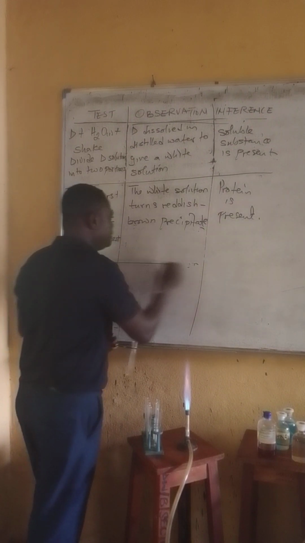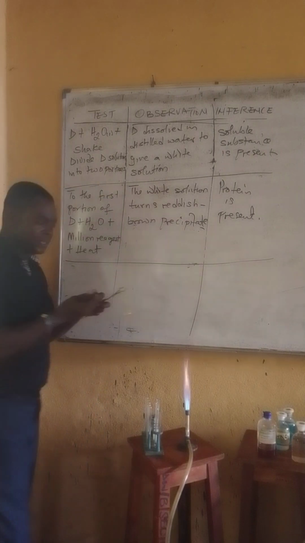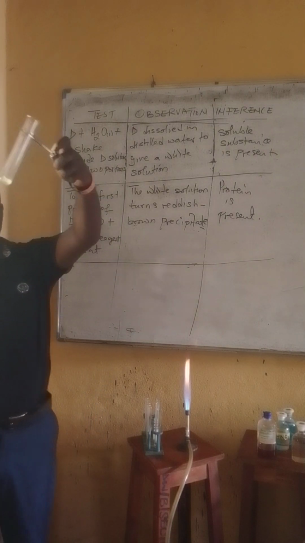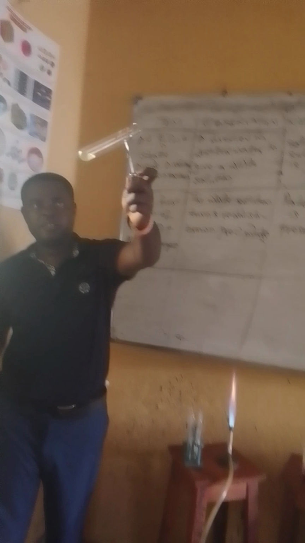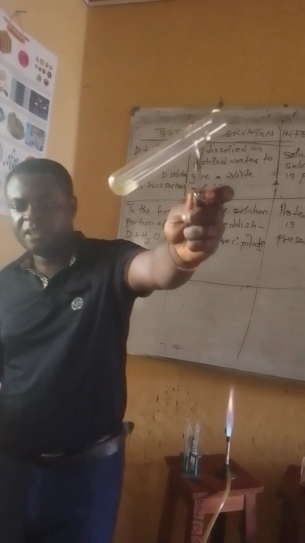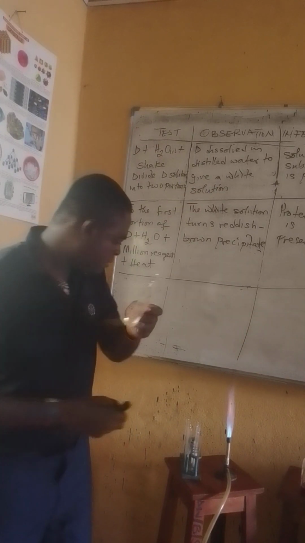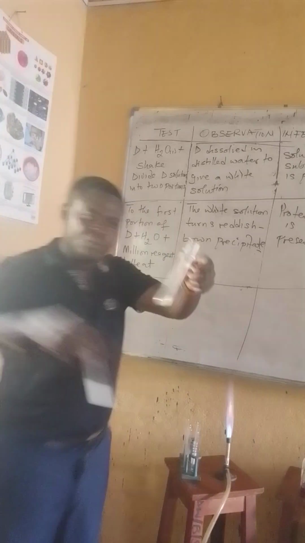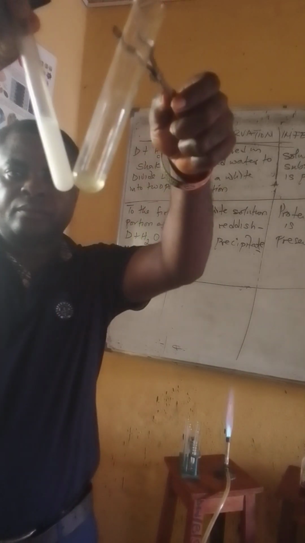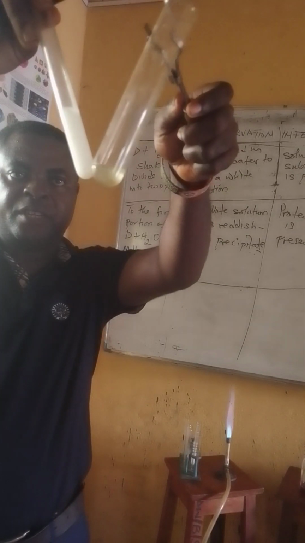Protein is present. You can see, still changing. Can you see very clearly? Comparing this with this, can you see? It's reddish brown color.